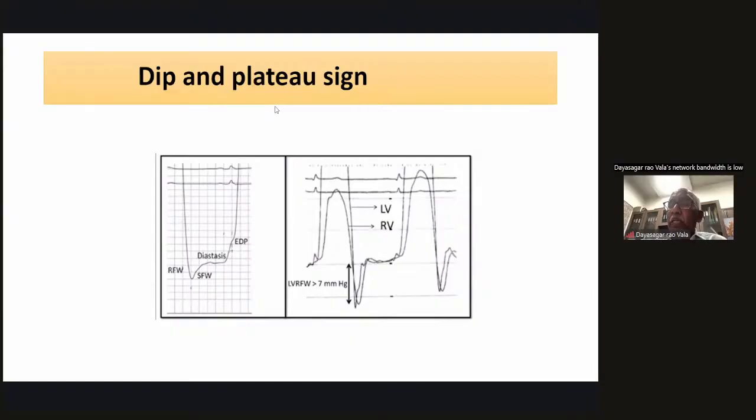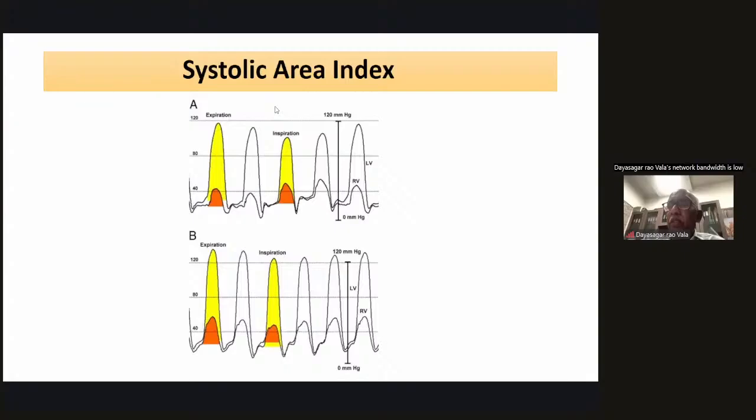Can I have the next slide? Yeah, this is the one what Dr. Nishimura and his colleagues from Mayo Clinic have produced. Is respirophasic variations in the pressures of the right side as well as left side. The right side is in the orange and left side is in the yellow.